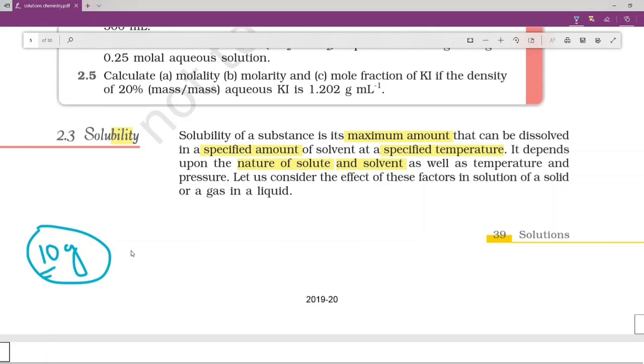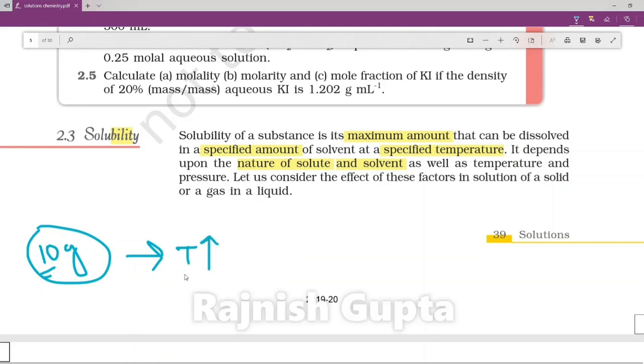But as soon as you raise the temperature, then obviously the space among the solvent molecules or solvent particles increases, as a result of which the gap increases, and since the gap increases, the solute holding capacity of the solvent, which was earlier 10 grams, has now increased, means instead of 10 grams it can also hold more than that.